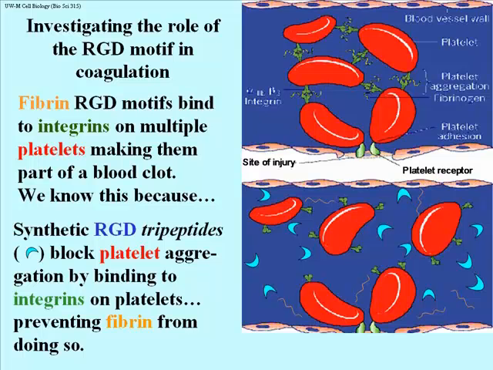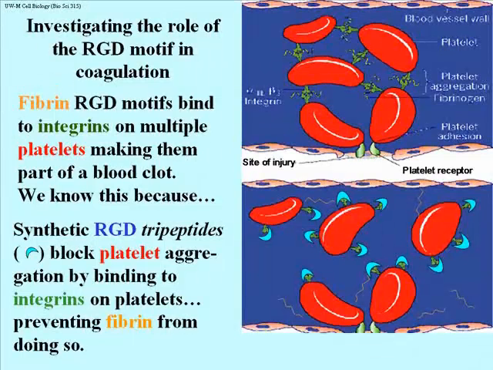And if you mix those synthetic tripeptides with platelets, what will happen is that the tripeptides will recognize and bind to the integrin. And the result then is that these platelets are blocked from attaching to one another. They can no longer attach to the fibrin molecules or fibrinogen molecules, which you can see floating around in the blue blood here, unattached to the platelet.